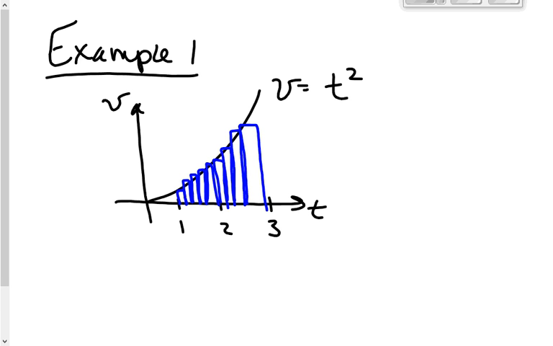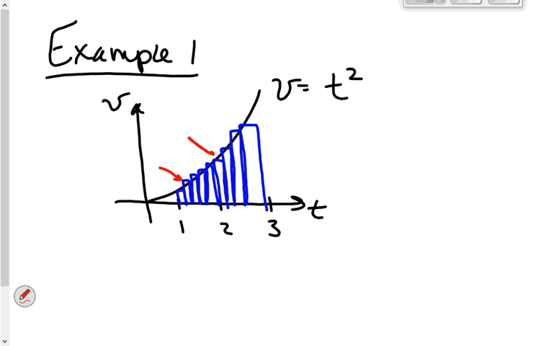Okay, but the problem is, when I do that, is that there are places where the area of my rectangle is above the curve. So my rectangle is including area that isn't technically under the curve.